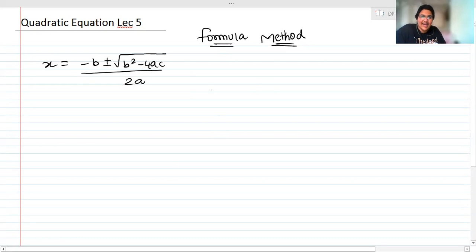कि ये जो a है, b है and c है, इनका वैल्यू किधर से मिलेगा? तो इसका वैल्यूज we can find out using the general form of quadratic equation.